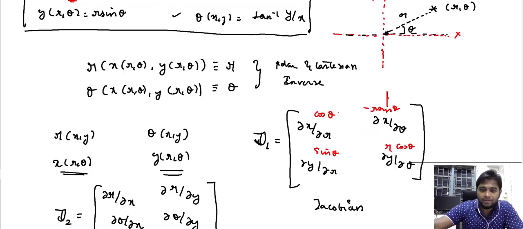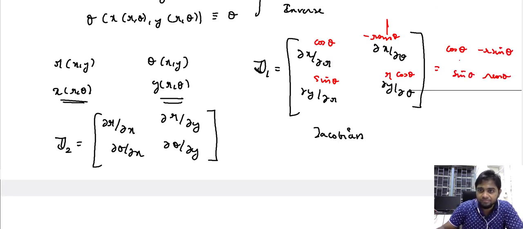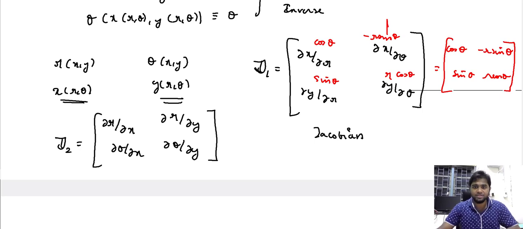So ultimately, this Jacobian J1 can be written as cos theta, minus r sin theta, sin theta, r cos theta. The way we arrived at it is that all we have done is replace these partial derivatives with the corresponding cos and sin theta terms that involve r and theta.